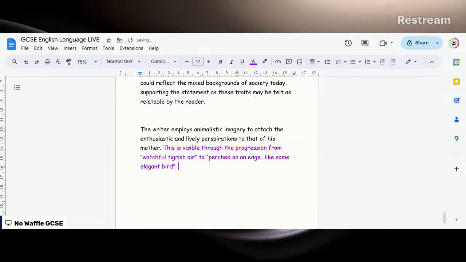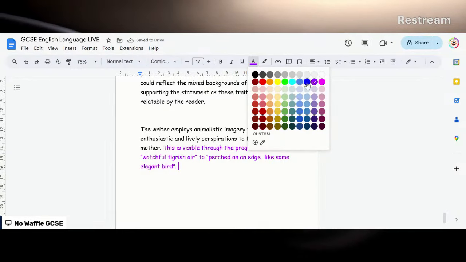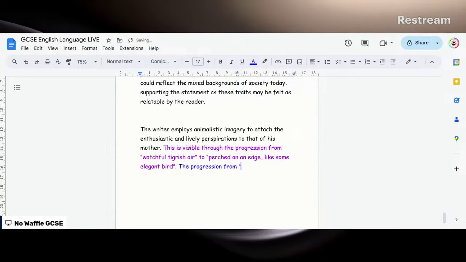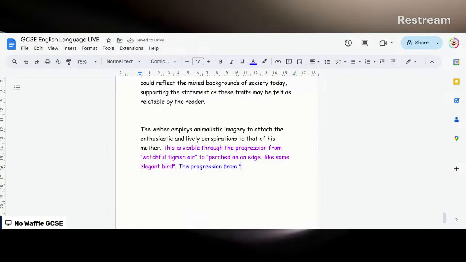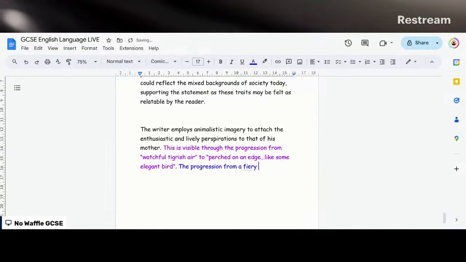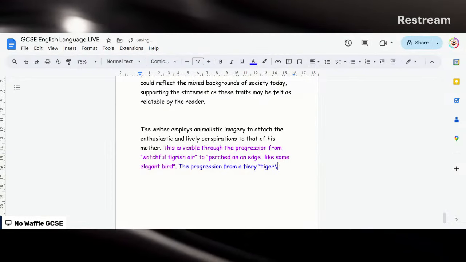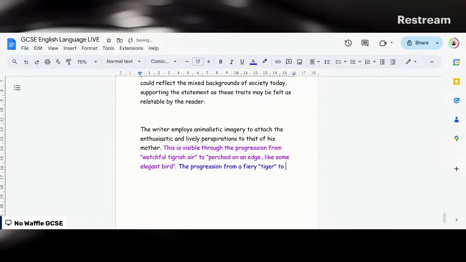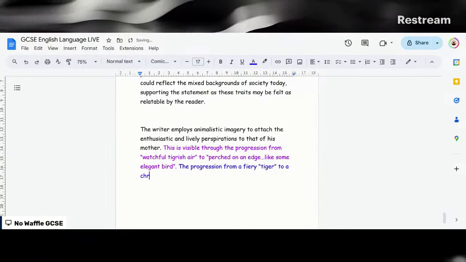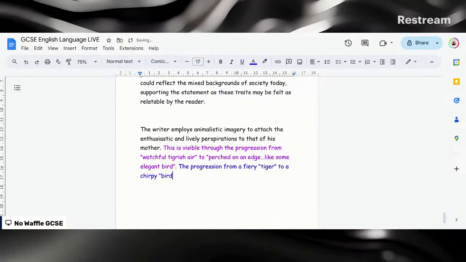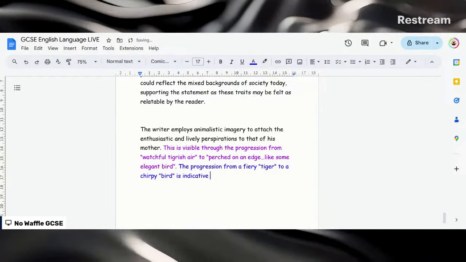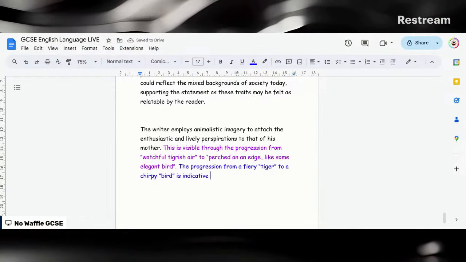And now we can do some analysis about this quote, and let's use another color for analysis. So let's say blue. So the progression from a fiery tiger to a chirpy bird is indicative. That's a useful phrase to put when you're using English. Is indicative means it shows.